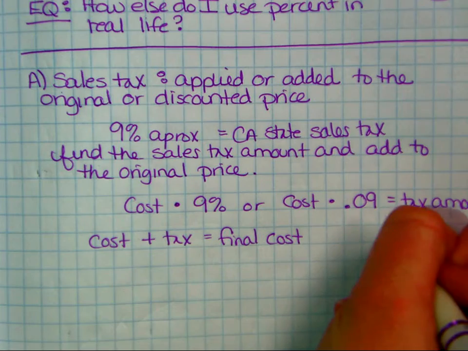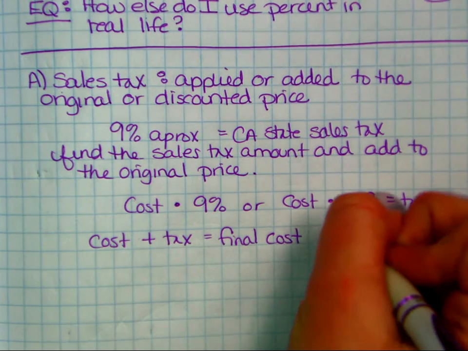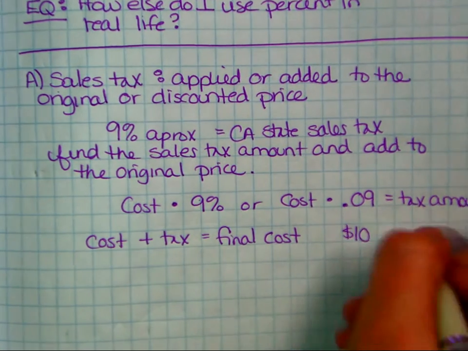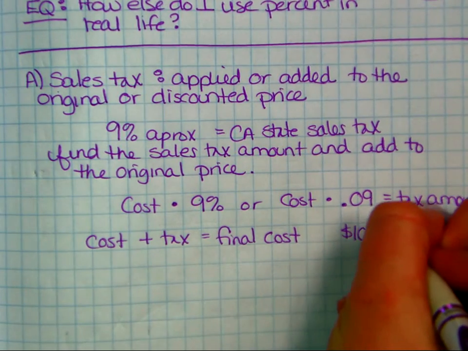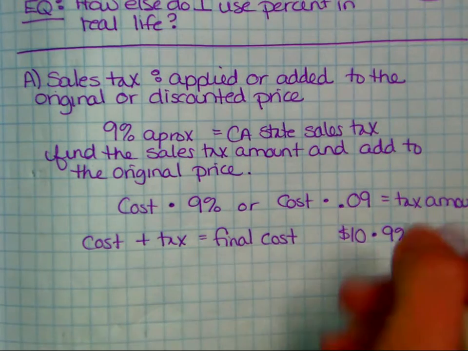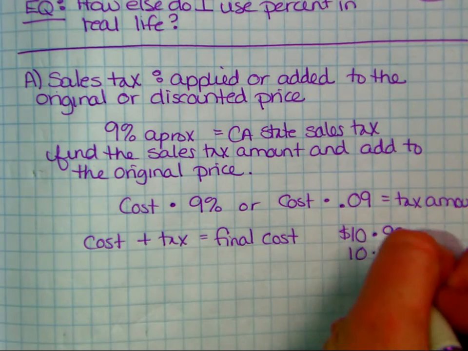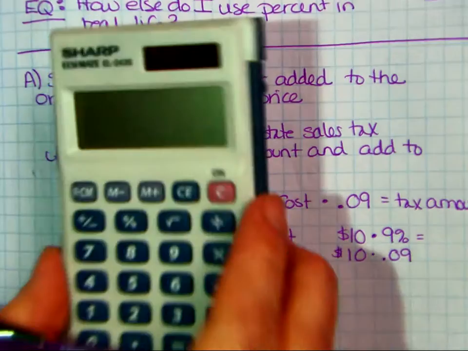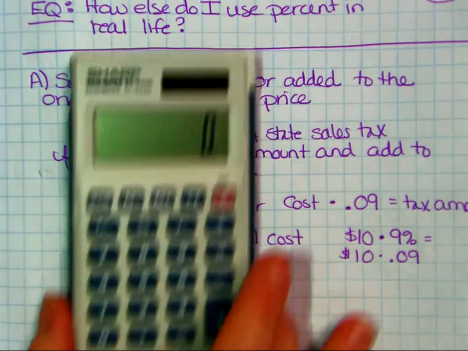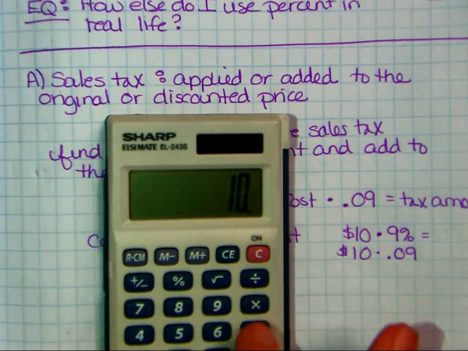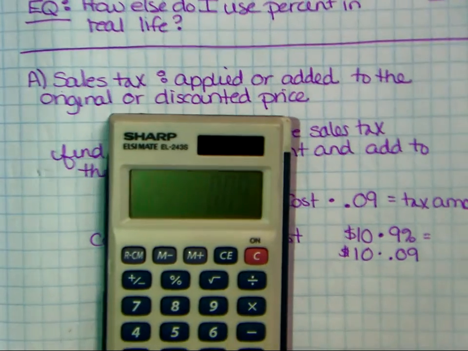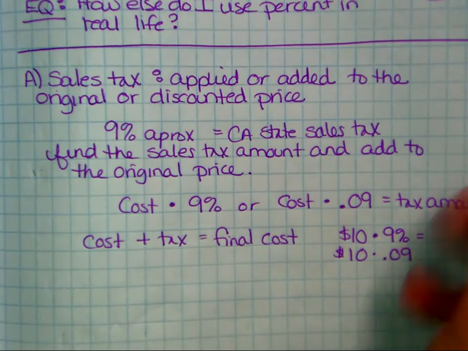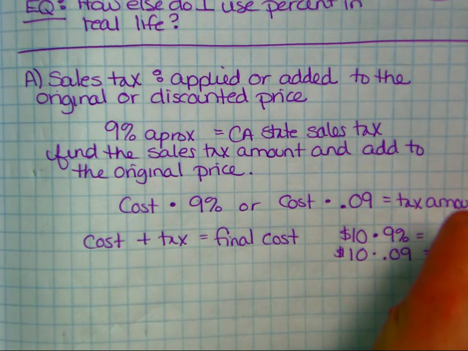Let's just say, for example, we are spending $10 on an item. We're going to do 9% of that as the tax. You would do $10 times 0.09. I like to use a calculator on these because honestly, if I'm in the store, I'm going to use a calculator. 10 times 0.09 equals 0.9, or 90 cents.